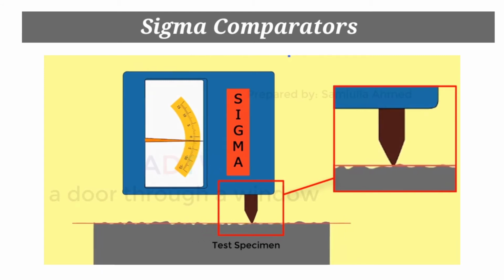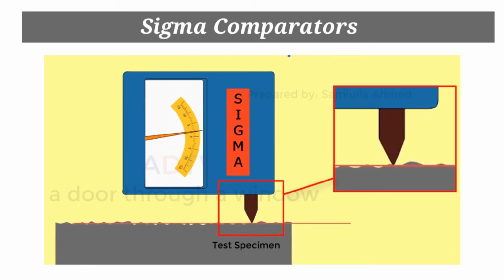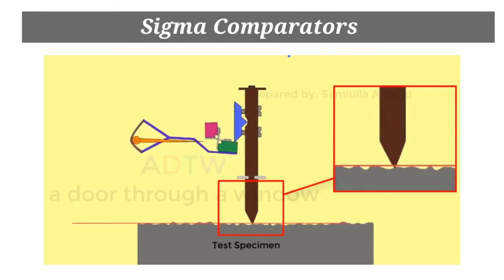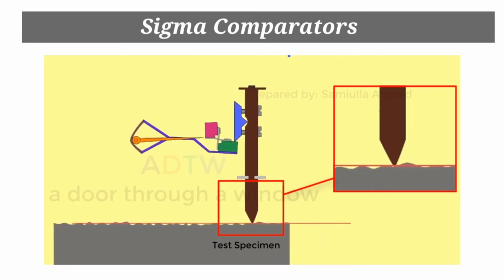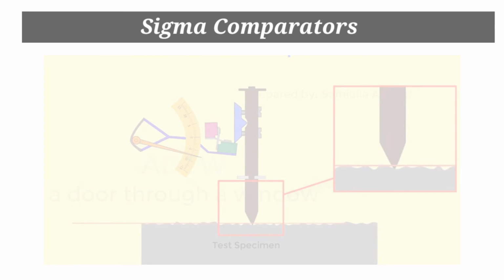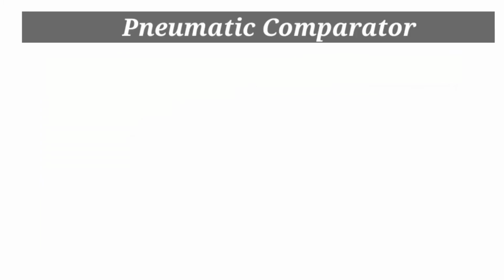Any difference in the measured dimension of the specimen will result in either the lowering or rising of the plunger. The lowering or rising of the plunger will make the knife edge move up or down, and this makes the movable block deflect, which in turn deflects the Y arm, which turns the drum, and this results in the movement of the pointer, which shows the reading on the calibrated scale.